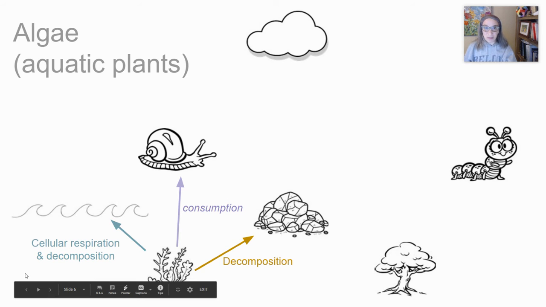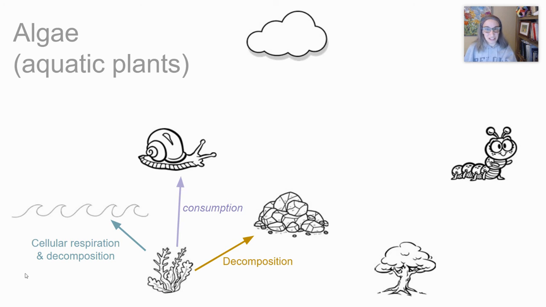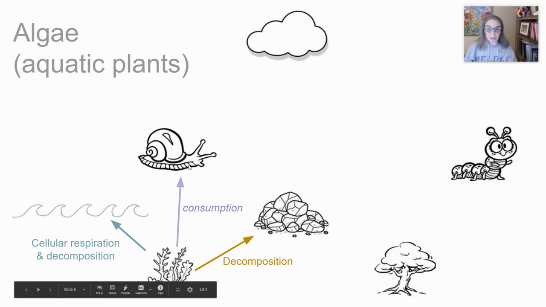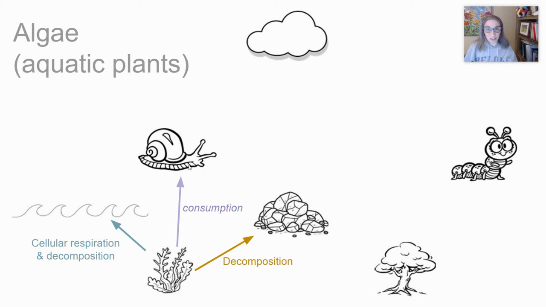Algae are the aquatic plants, all of those plants that live in the water. And there are three ways that those plants can give off carbon to other parts of the cycle. The first is through consumption. Animals in the water that eat those plants consume the carbon, and so they get some carbon from that.